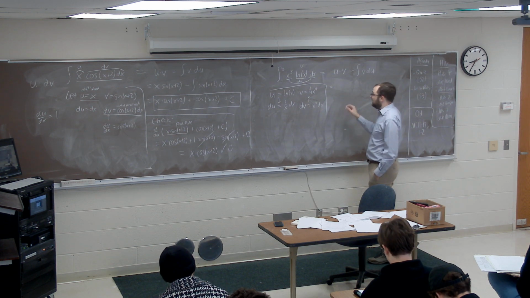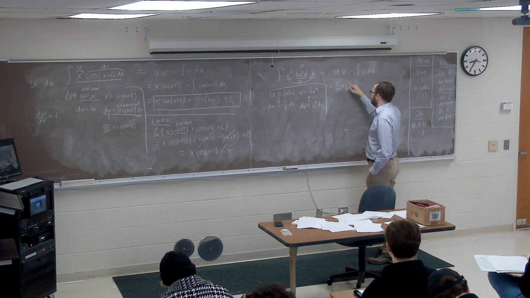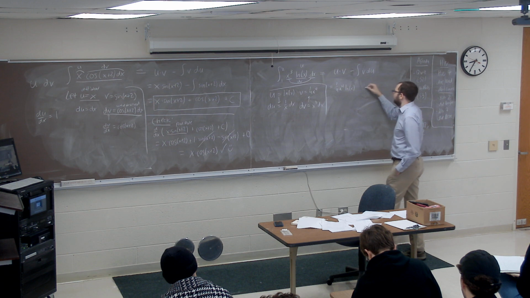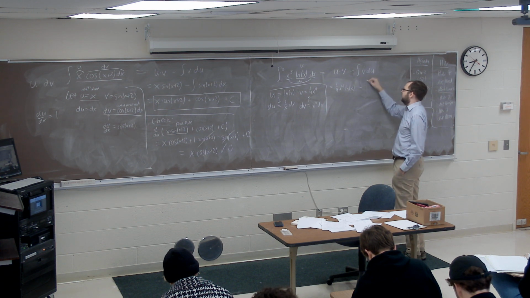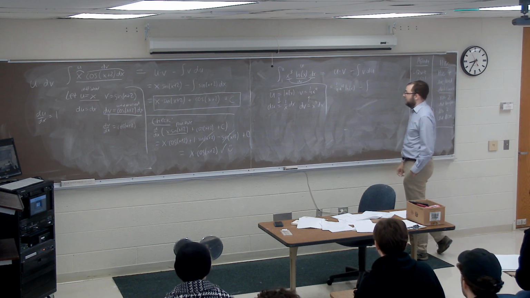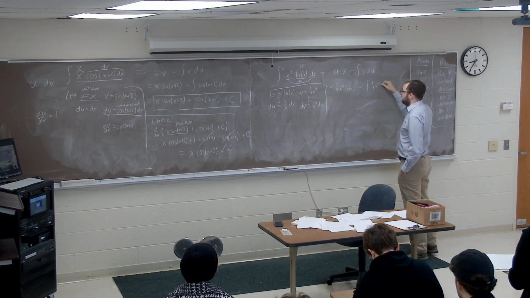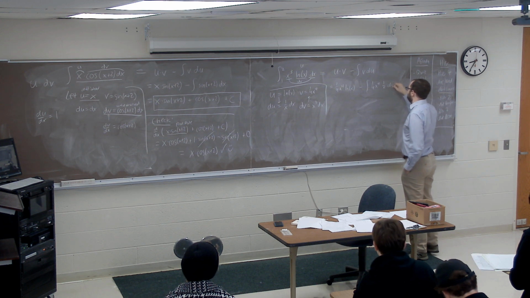That gives us u times v, which is 1/4 x to the 4th times natural log of x, minus the integral of v du, so 1/4 x to the 4th times 1 over x.